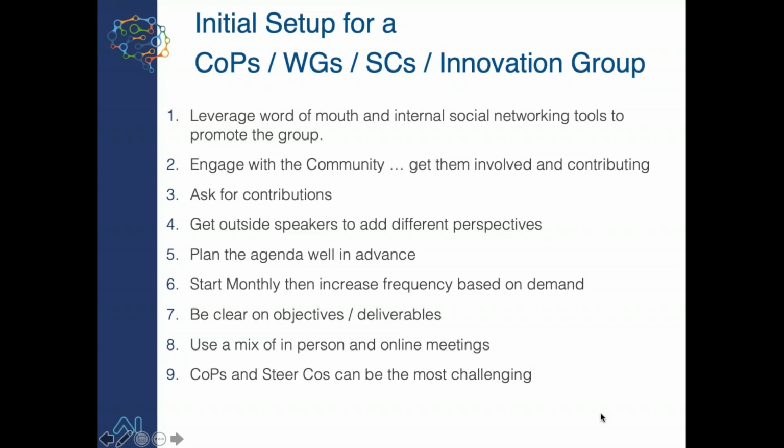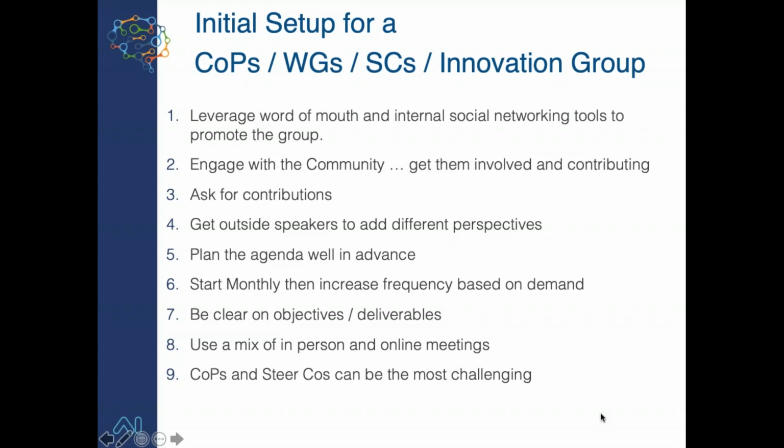I think this is the key to the sustainability of a community of practice: to empower it to almost determine its own fate by deciding what technologies, what vendor products you want to use, how you're going to use them, and to have that set of objectives for the community, and to have some decisions and some deliverables off the back of that. That is probably the most important thing to drive the ongoing sustainability of the community of practice.